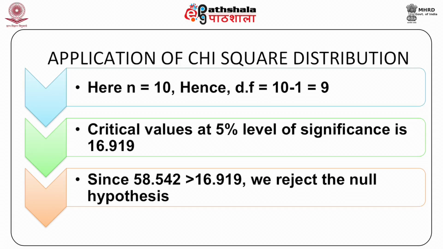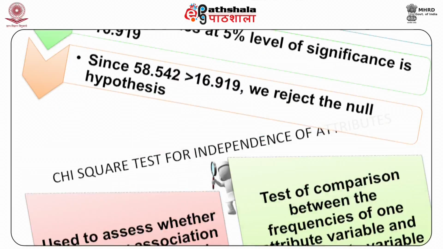Since 58.542 is greater than 16.919, we can say that the null hypothesis is rejected at the 5% level of significance, and it can be concluded that the numbers are not uniformly distributed.